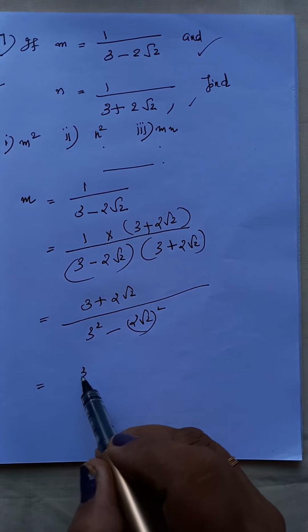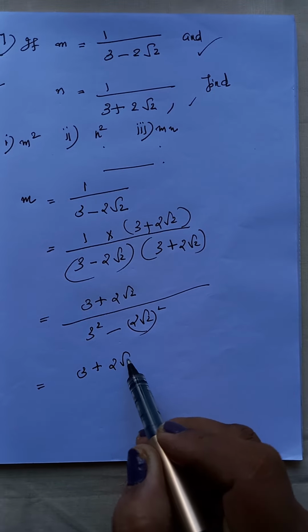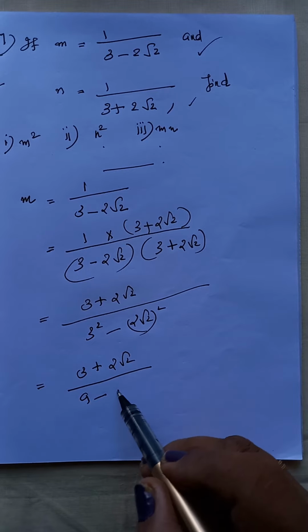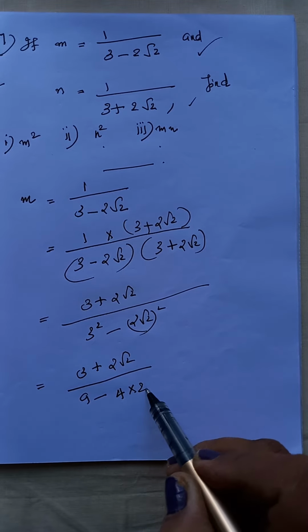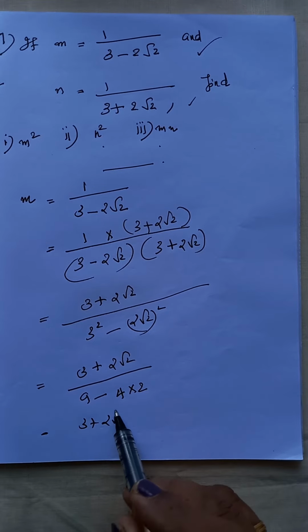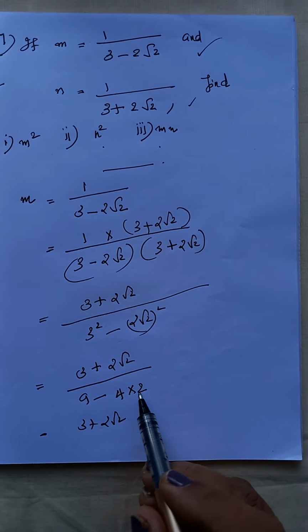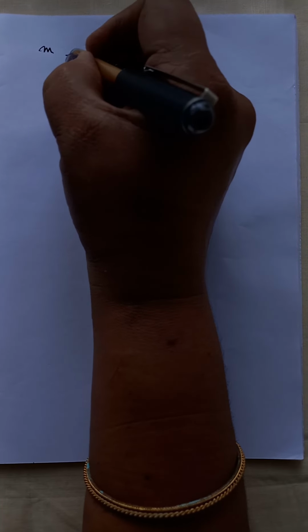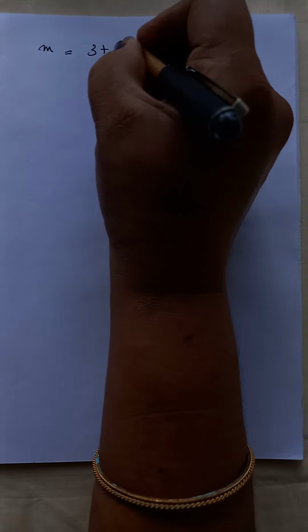That is equal to 3 plus 2 root 2 divided by 9 minus 2 square is 4 into root 2 square is 2. That is 9 minus 4 into 2, 8, the value is 1. So, 3 plus 2 root 2. So we got m as 3 plus 2 root 2.